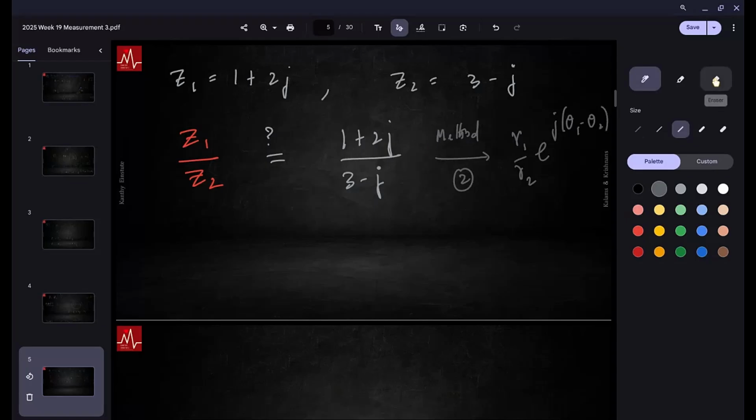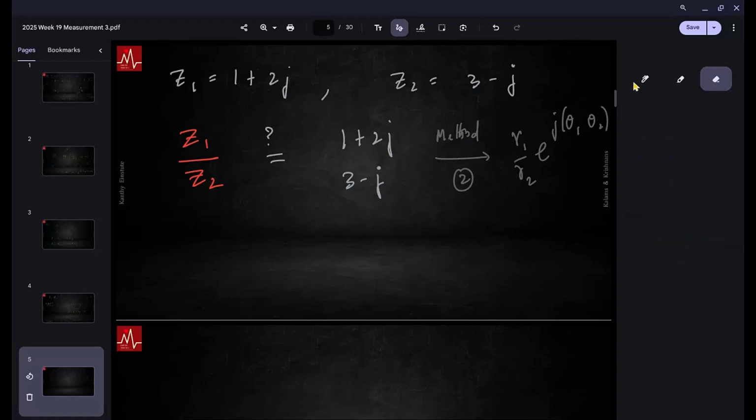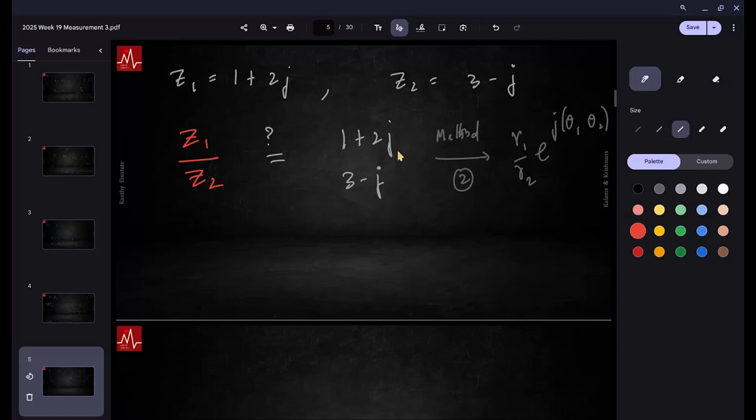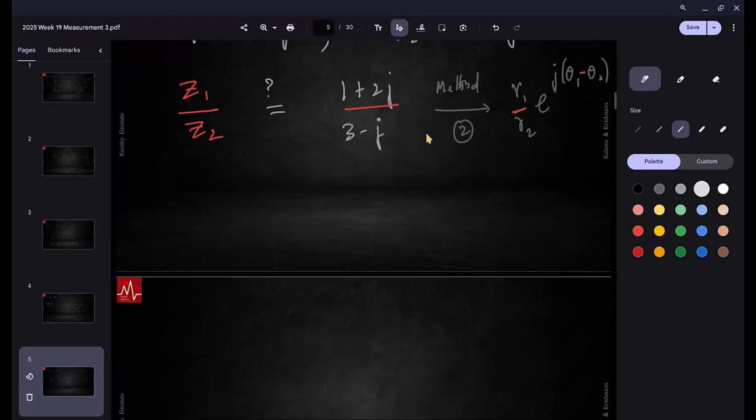The angles get subtracted. Division shows up here, division shows up here. Also method 1. Okay, this is simple numbers. We'll do method 1. Either is fine.